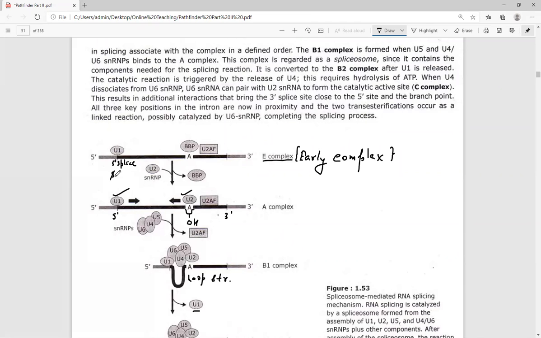Okay, from here the splicing will occur. The branch point binding protein, which has bound to the adenine residue, and the U2AF which is present, the U2 snRNP of the spliceosome will take the place of BBP, the branch point binding protein, and the U2 will move towards the U1, leading to the formation of the second complex, commonly referred to as the A complex.